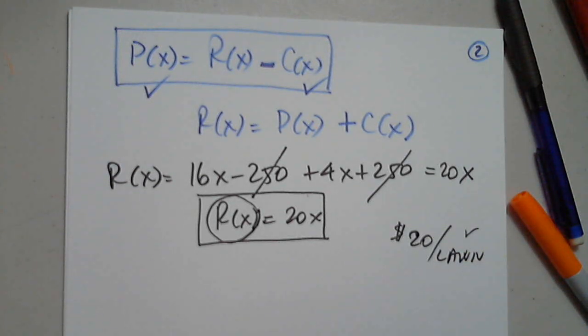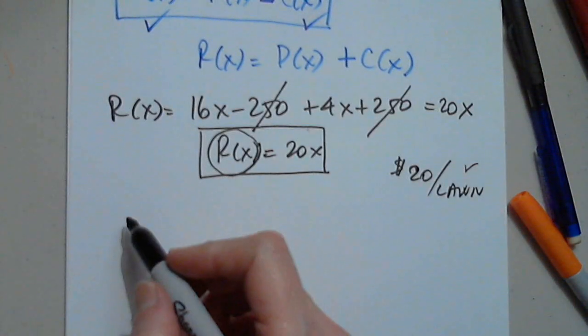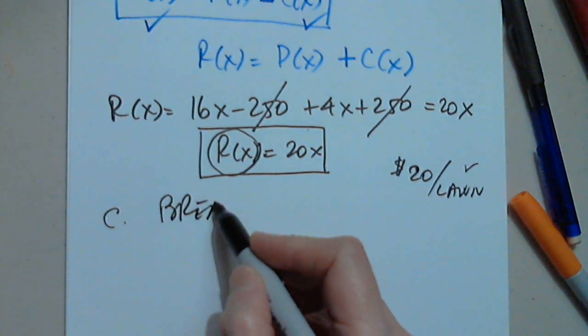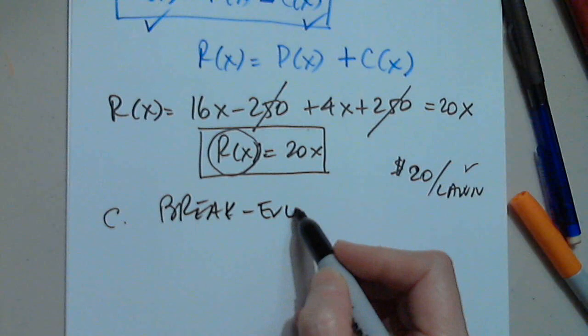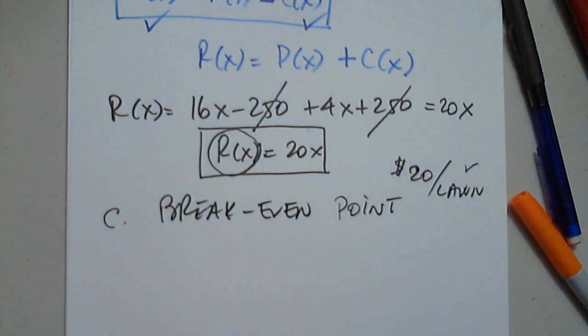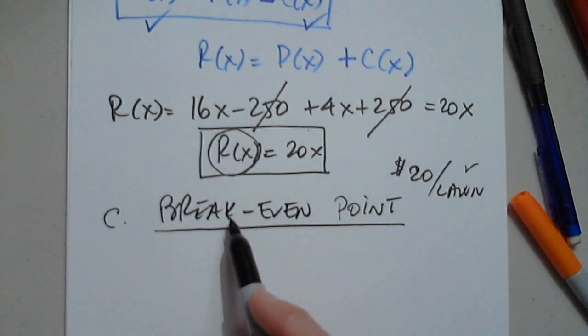How many lawns must Jamal mow before he begins making a profit? So we know that there is something called, so this is part C, break even point. Anyone remembers what the break even point represents?